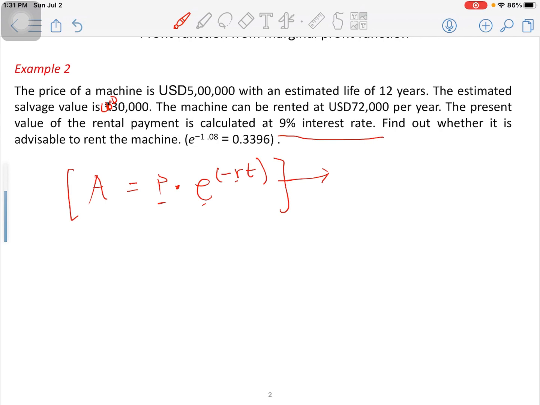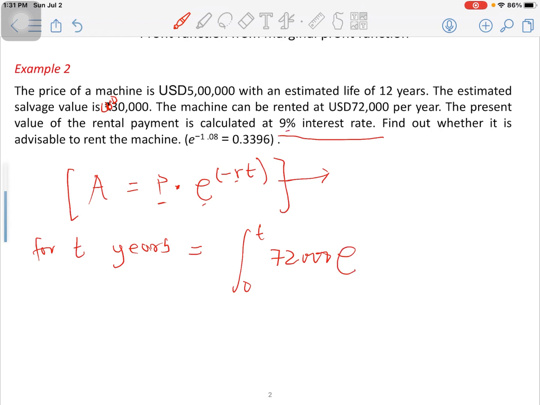Based on this, the present value for payment of T years, let's establish the general formula here. For T years, it is equal to the integral from 0 to T of 72,000 times the exponent.